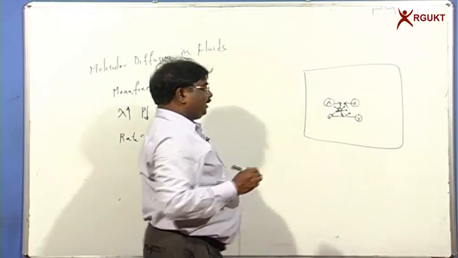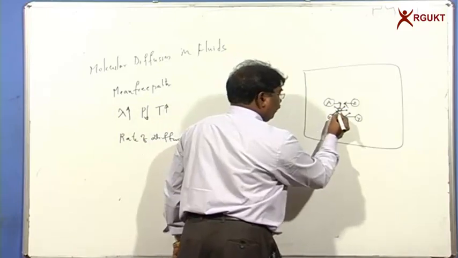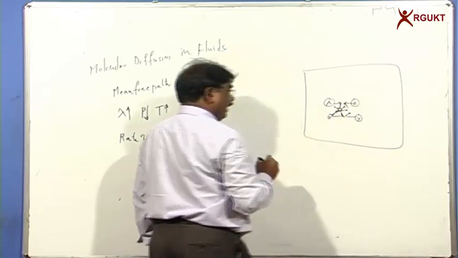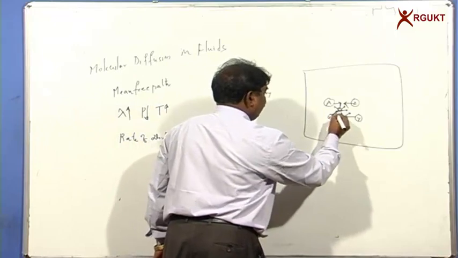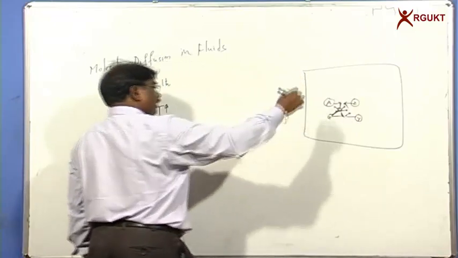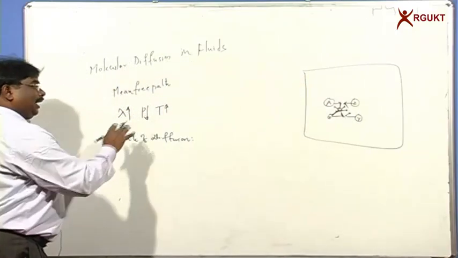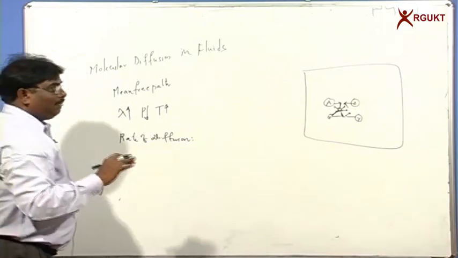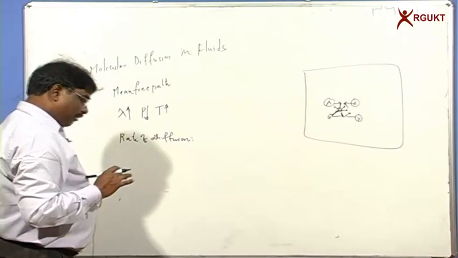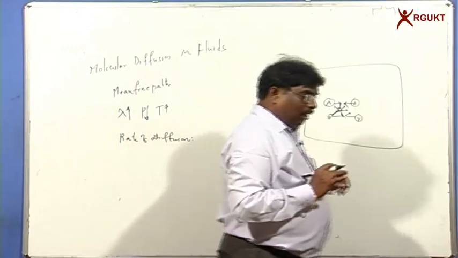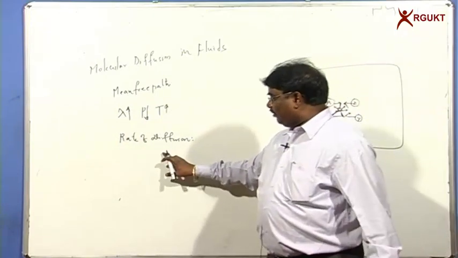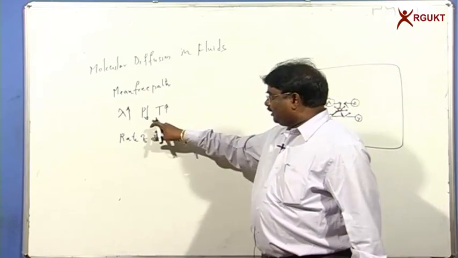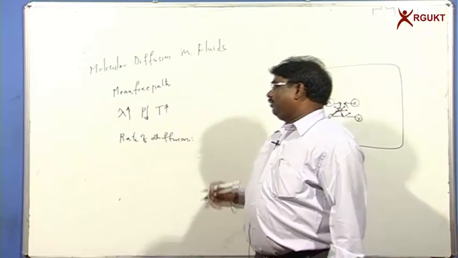If you look at this, the net distance traveled by the molecule of X in a given direction in a given time is only this distance, and this distance is very, very small when compared with the mean free path and other things. And this net distance in a given time in a given direction, we call the rate of diffusion, and this rate of diffusion is a very slow process. Again, to tell you, this rate of diffusion is going to decrease with increasing pressure or decreasing temperature.